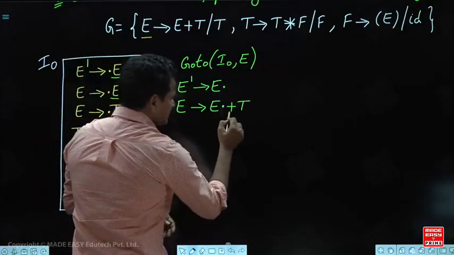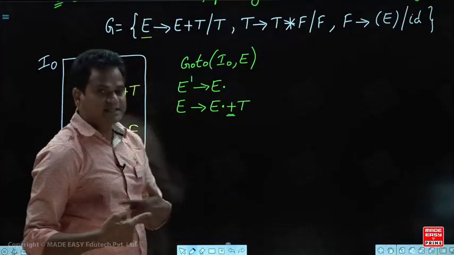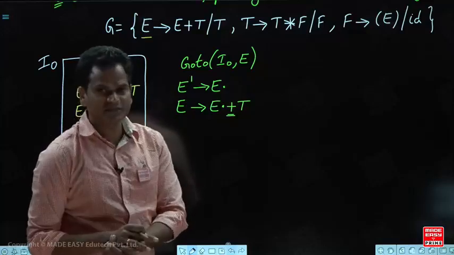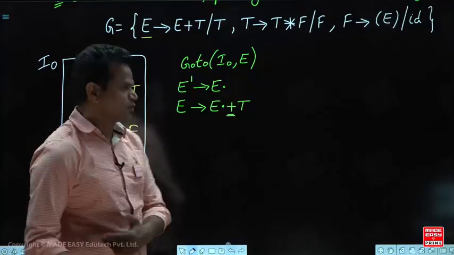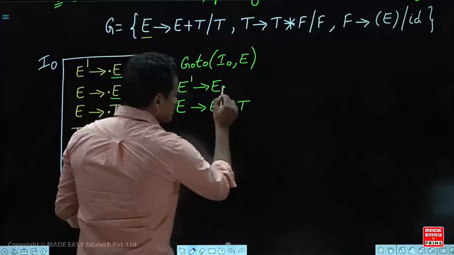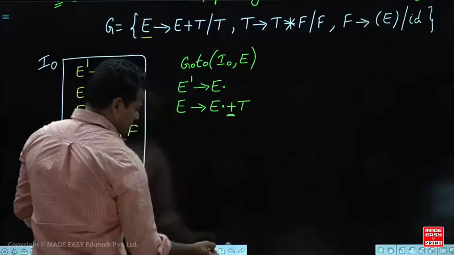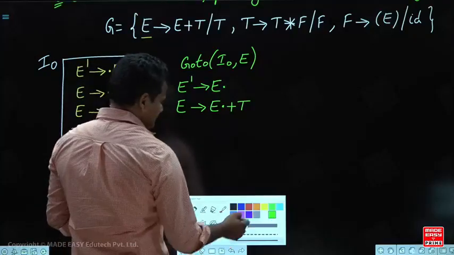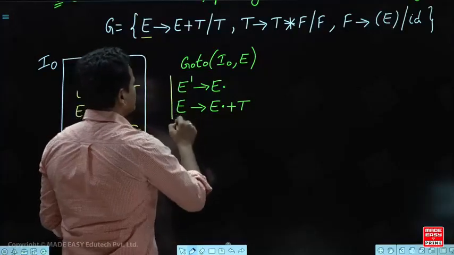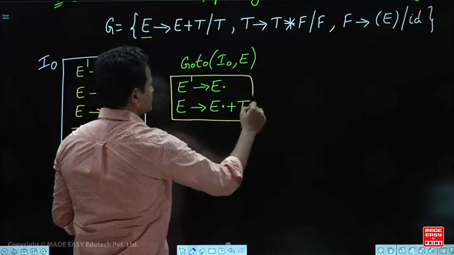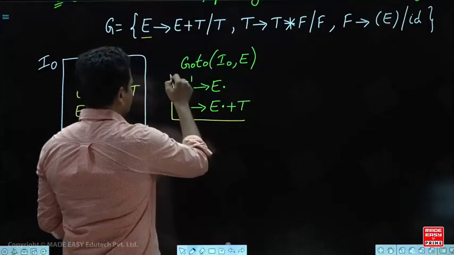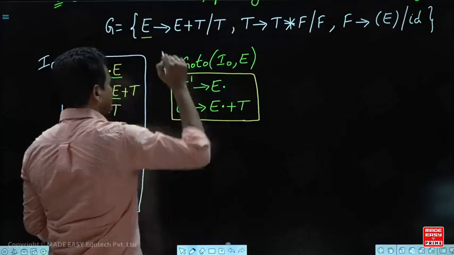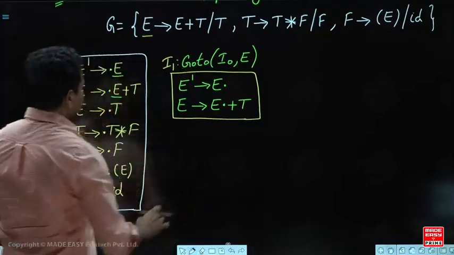Here the dot is followed by plus, but plus is a terminal, and no production will be there for a terminal. So you cannot add any new productions here, because the dot is after nothing, or before a terminal. So close this one, and name it as I1. Do you understand? Now this is done.